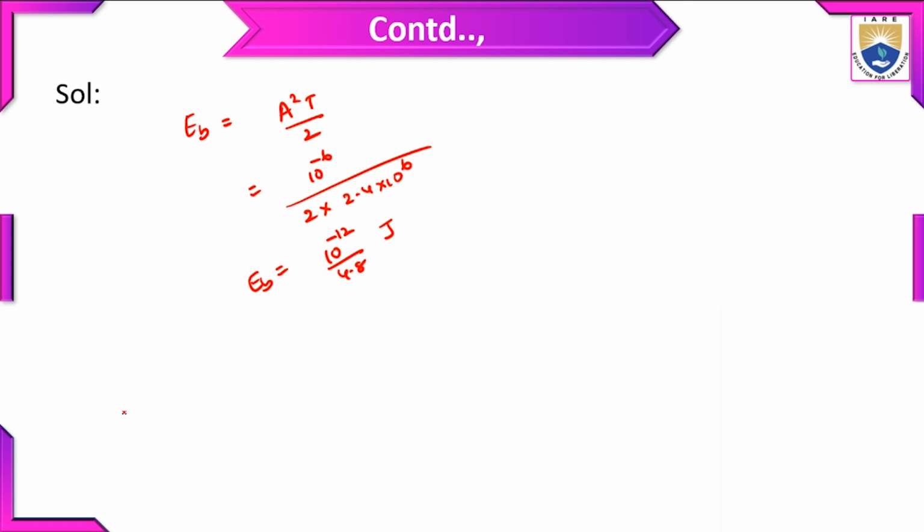So now the first bit is coherent ASK. The probability of error is equal to 1 by 2 ERFC of 1 by 2 square root of EB by N naught.